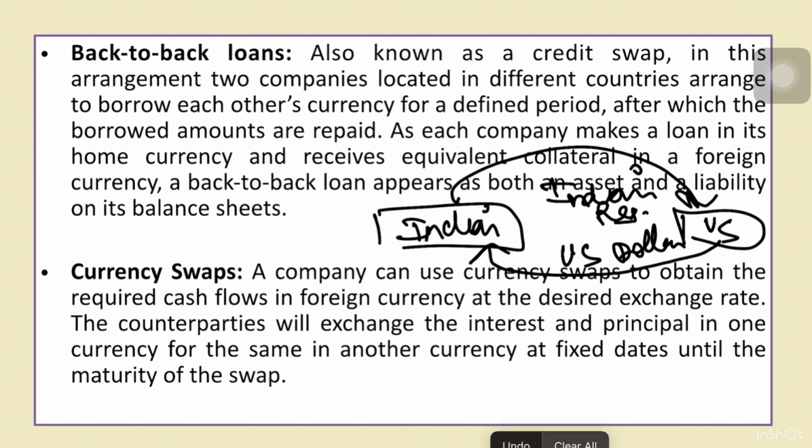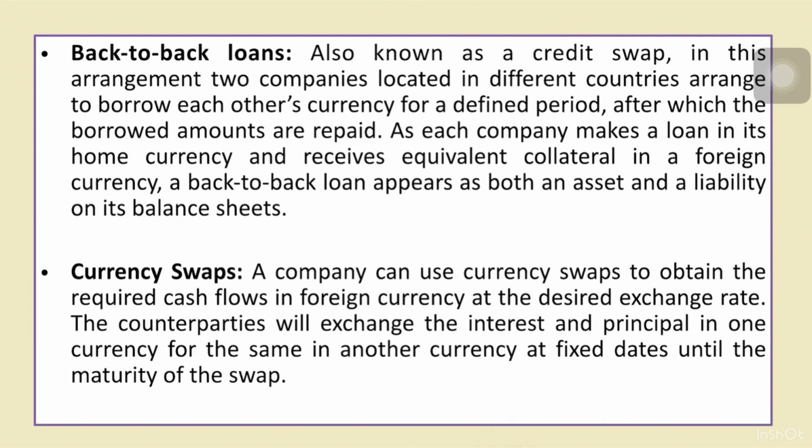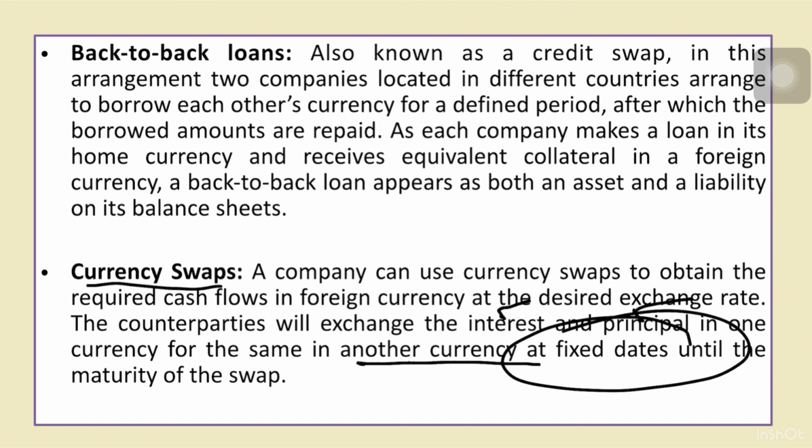Okay, moving further, we have the last strategy, that is the currency swaps. Now in this, what happens is that companies based in different countries will exchange both interest and principal in one currency for the same in another currency at a fixed date until the maturity of the swap.